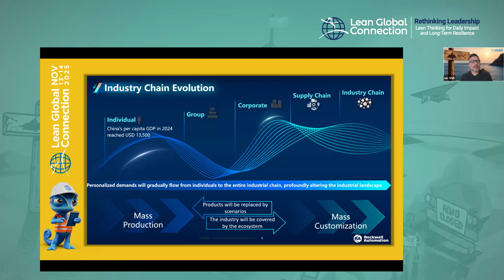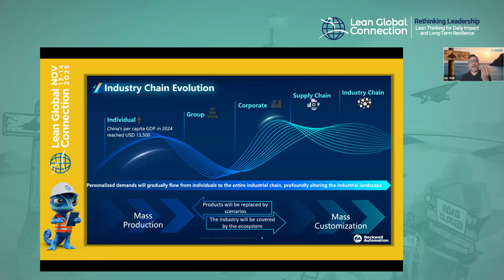If you look at some of the EV companies now in China, within 3 months there is no second car with exactly the same specification and design, because they are custom designed and built to every individual customer's need. So the individual customized requirement goes to a group of people, and then the companies need to be able to react to it.